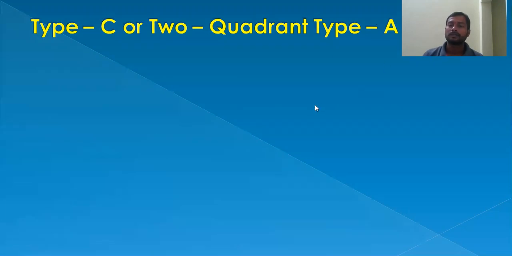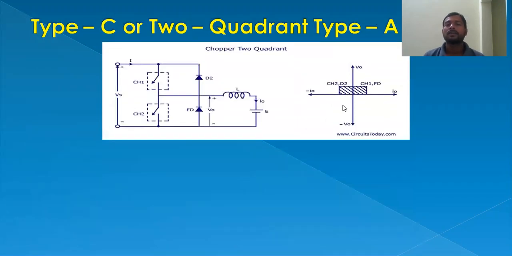So look at this. This is a two coordinate chopper circuit diagram, and this is Q1, you can see, and this is Q2. So let me take a pen. This is Q1, coordinate 1, and this is Q2, coordinate 2.